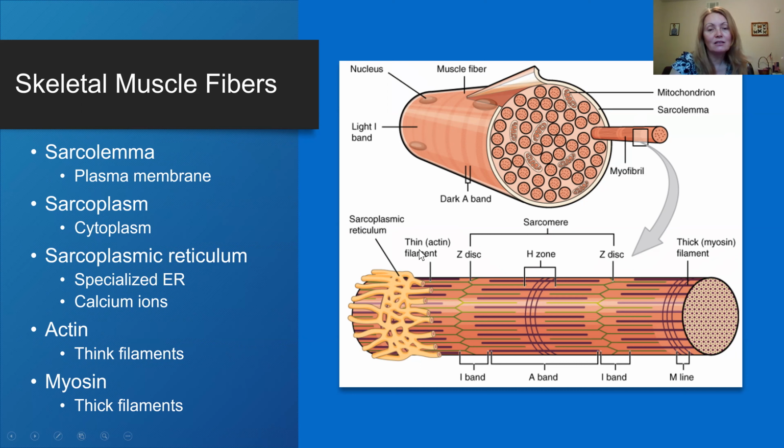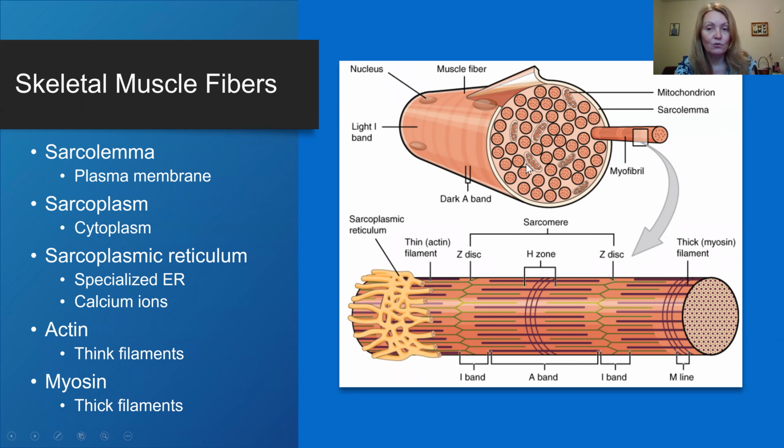So you can see that muscle fibers have similar organelles, but those organelles are not exactly the same as in your regular animal cells that we use as an example of a human cell. That's why they have specific names: sarcolemma, sarcoplasm, sarcoplasmic reticulum.